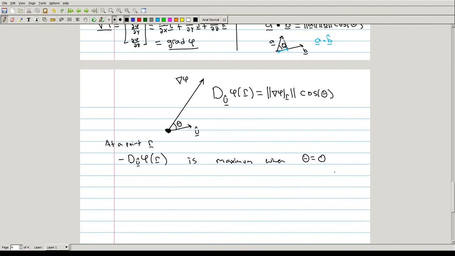That means that when theta equals 0, the gradient vector is parallel to the direction that you're looking at the rate of change in. At this point, because cosine of theta is equal to 1, the directional derivative is just equal to the magnitude of the gradient vector at the point r.